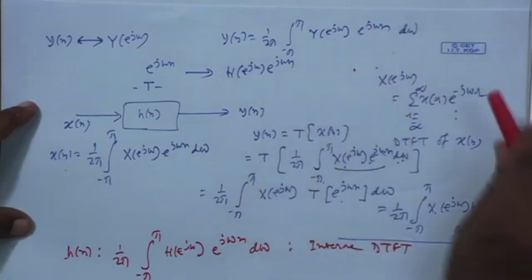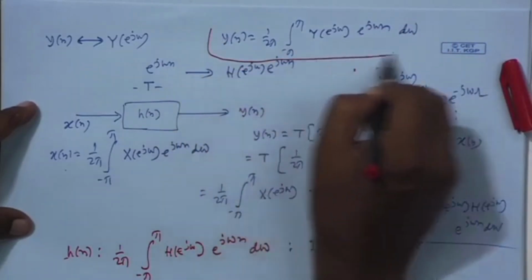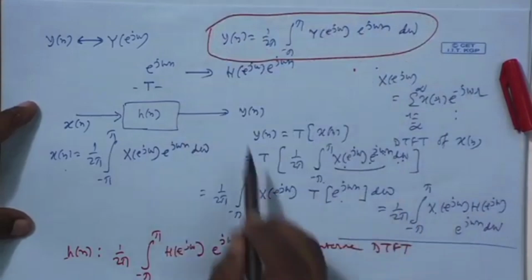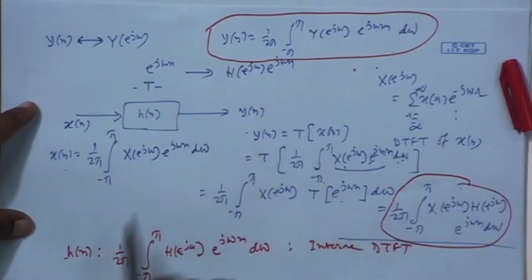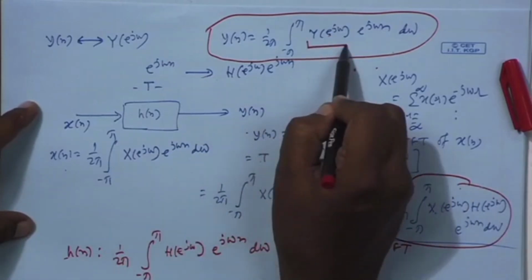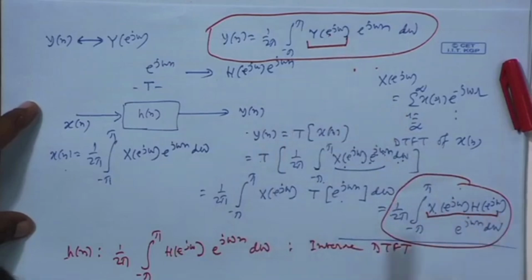You take this, y[n], again take this also y[n]. So, if you compare these two, you will see this is same as this, integral over omega from minus pi to pi, 1 by 2 pi.